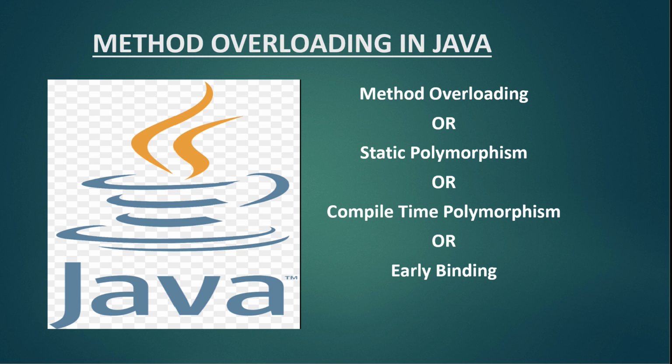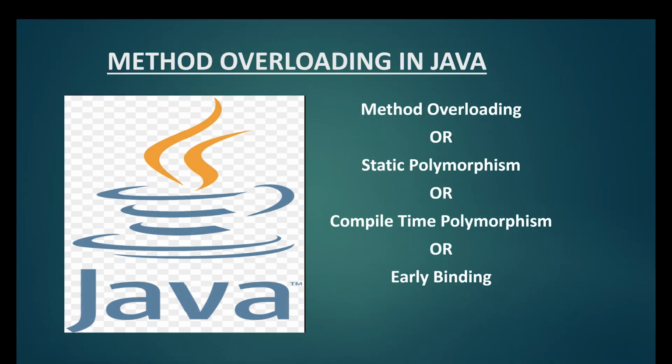Okay. So when you connect early binding with method overloading, what happens in method overloading? In method overloading, the compiler decides which method to call based on the provided arguments at compile time itself. That's why binding is slightly related to method overloading in Java. So method overloading in Java is a concept which allows us to define multiple methods in a class with the same name but different method parameters.